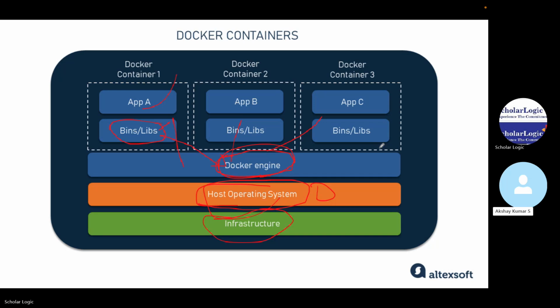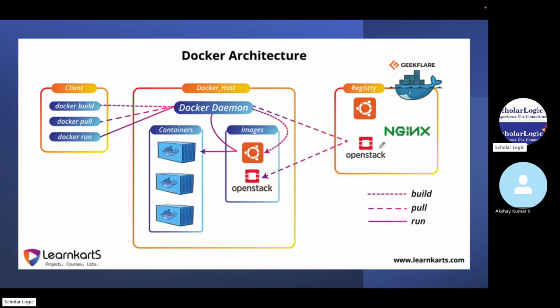Okay, sir. Clear. The Docker architecture, we'll just finish it up with this. Client is all about running Docker build, Docker push, Docker run, the Docker commands, whatever you are running. Docker daemon is the Docker host. If Docker daemon is not running, it will not behave like a Docker host.